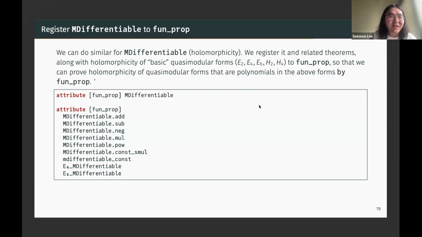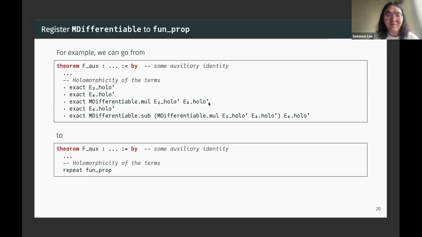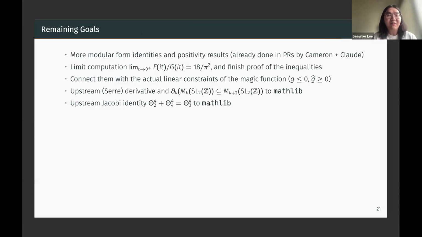And now, whenever you want to prove differentiability of something like E2 plus E4 or E2 times E4, you don't need to write down all those things. You can just simply do repeat fun_prop. So that just makes life easier. So that's what we have right now.